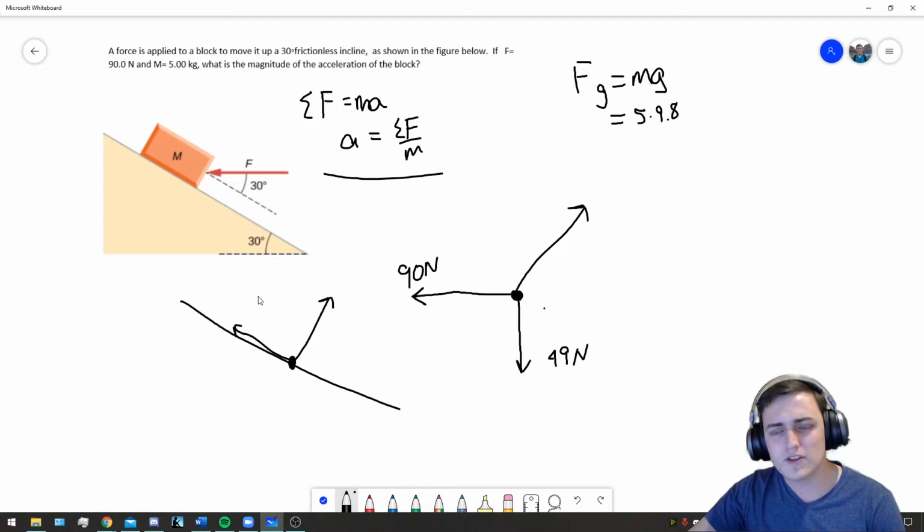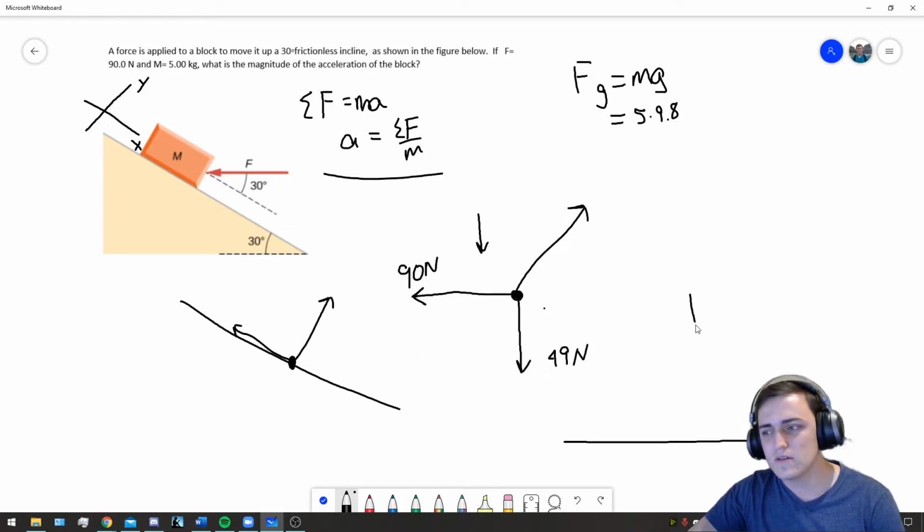So we would do quite well to reorient our x and y axes. This picture takes the standard x horizontal and y positive up and down coordinates, but in this problem, we would do much better to assume that the incline of the ramp is the x-axis.